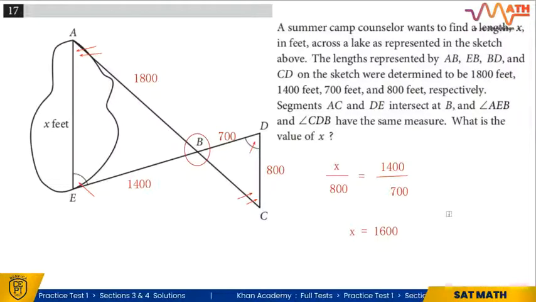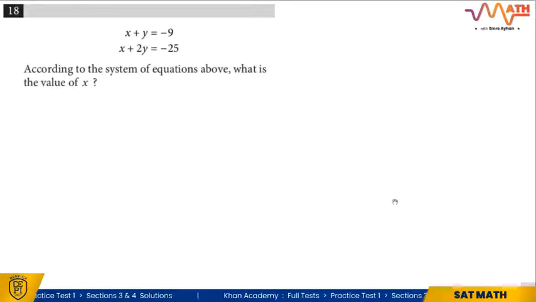Question 18. According to the system of equations above, what is the value of x? So we need to isolate x, eliminate y. Let's multiply the first one by negative 2.